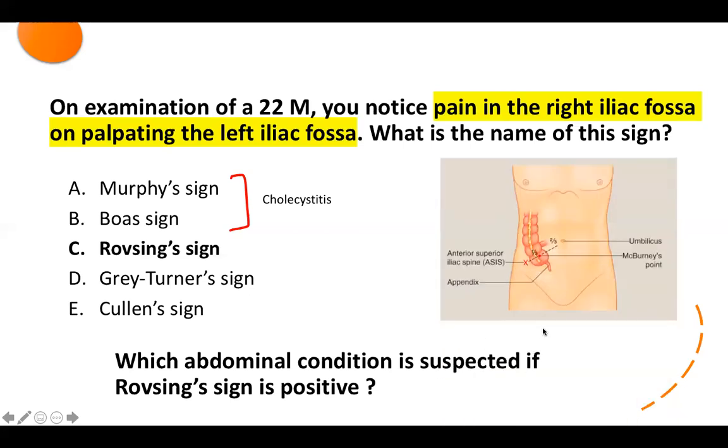Okay. So if you are suspecting appendicitis, then McBurney's point is one that would be quite tender in someone with appendicitis, and it's basically one third the distance from the ASIS to the umbilicus. So right there where the red dot is.